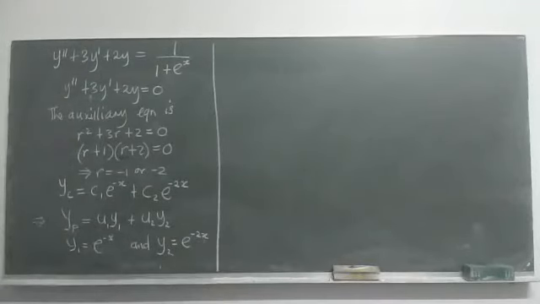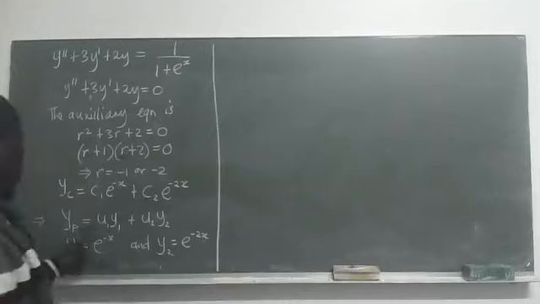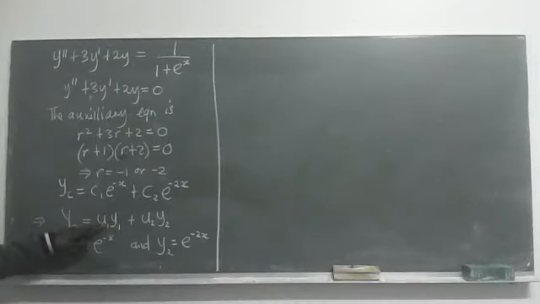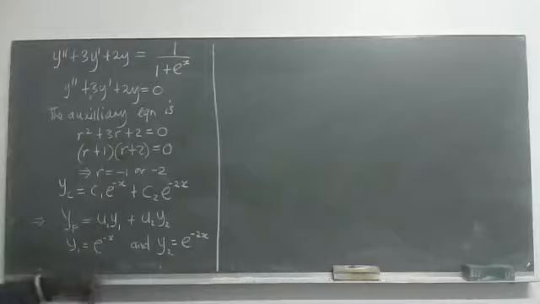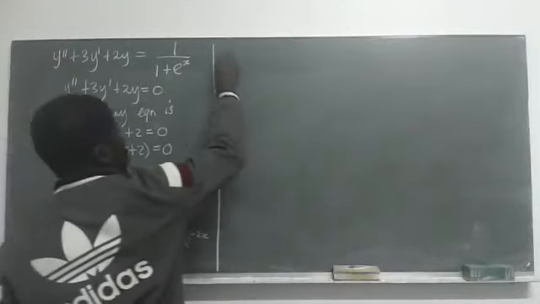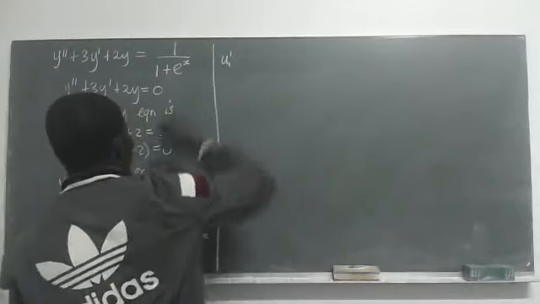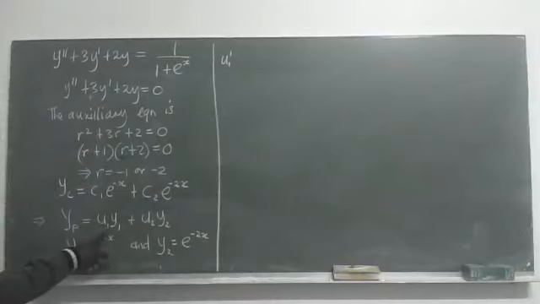Having identified these two, now we are going to work out what u1 and u2 are. The y1 and y2 we know already, we picked them from the complementary solution. So how do we find u1 and u2? This is how we do it.